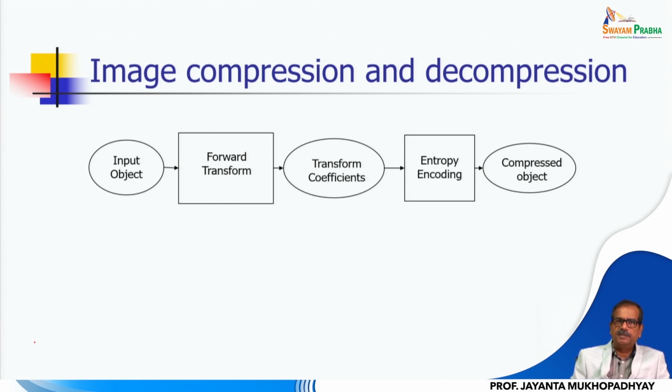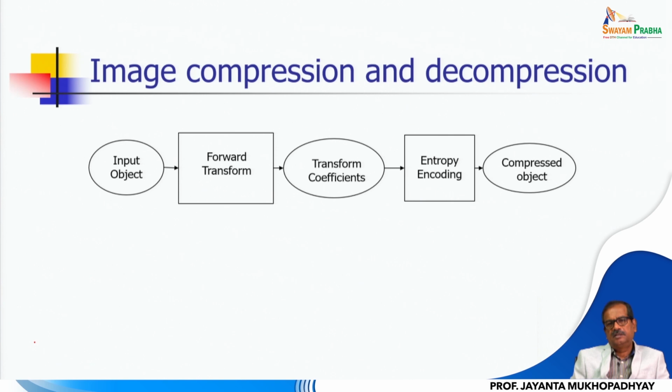That means you have an input object and there is a forward transform which transforms the image into a set of coefficients. We call them transform coefficients. Further, for efficient representation, which means requiring less storage and less data size, we perform entropy encoding on those coefficients.